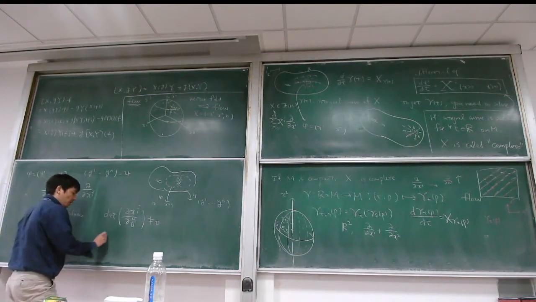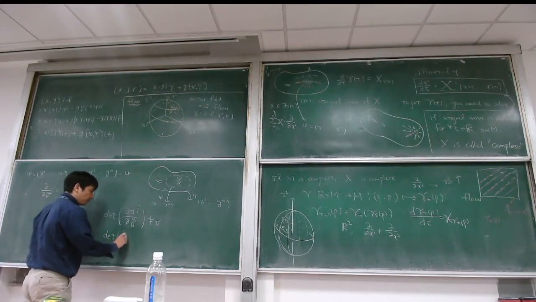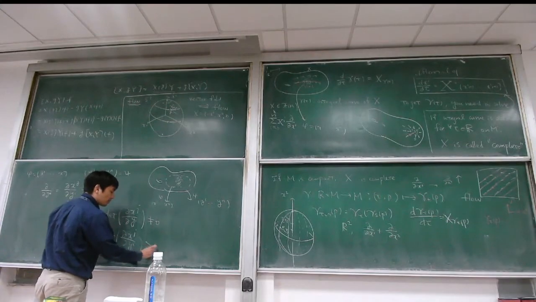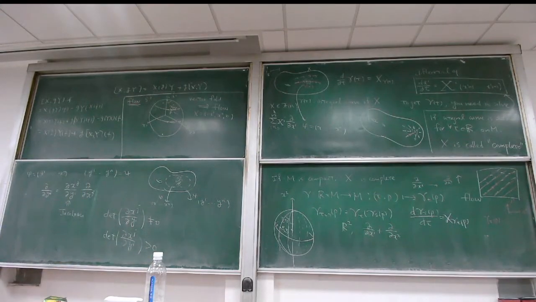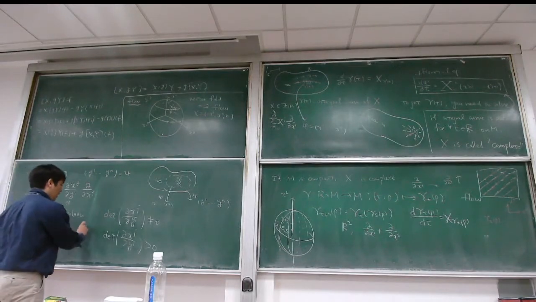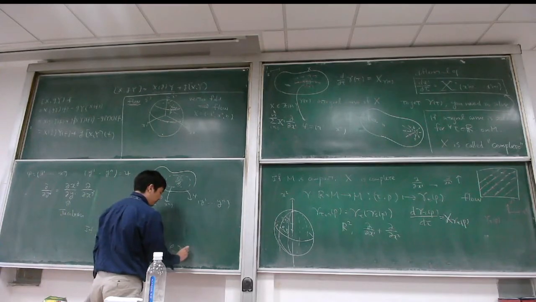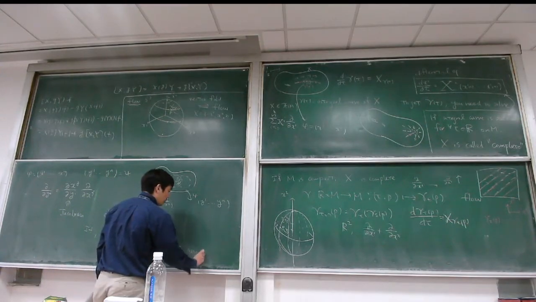So if all the coordinate transformations have positive determinant, then we say phi and psi have the same orientation.